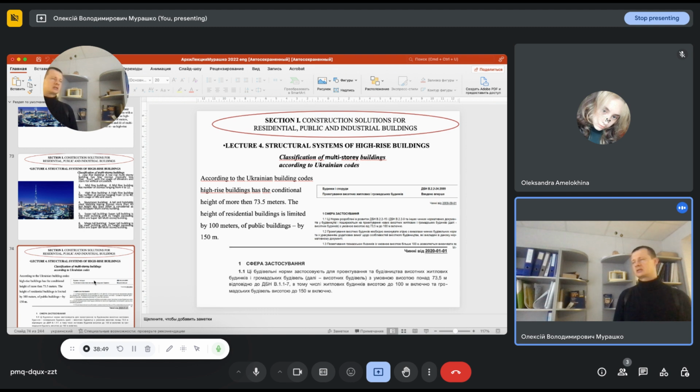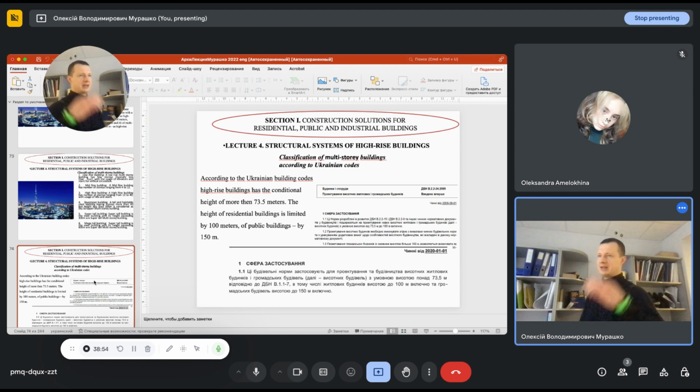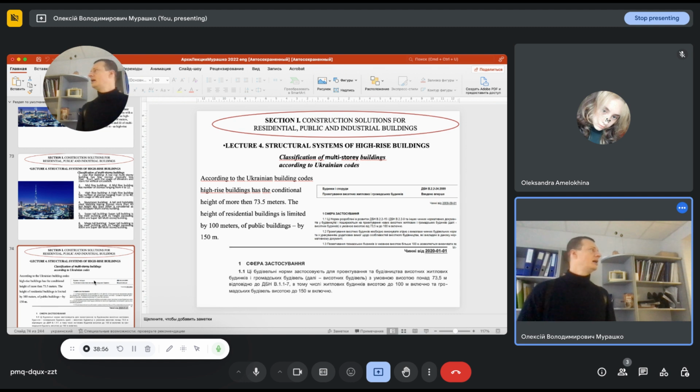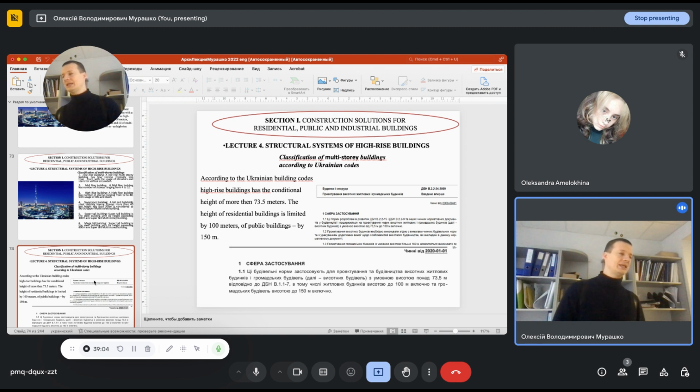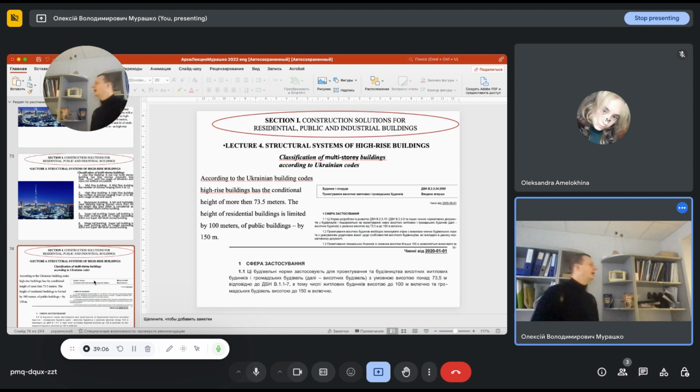You remember what conditional height is? It's not the overall height of the building. It's not the height of the highest point of the building. 73.5 is the height of the highest floor where people can be located. And this limit is connected with fire alarm systems and fire ladders.